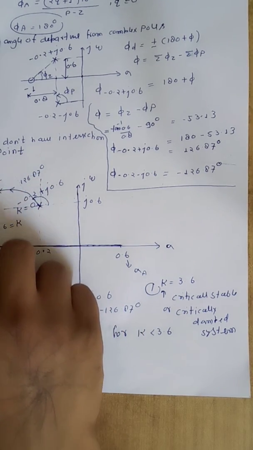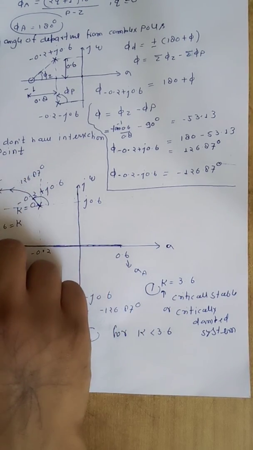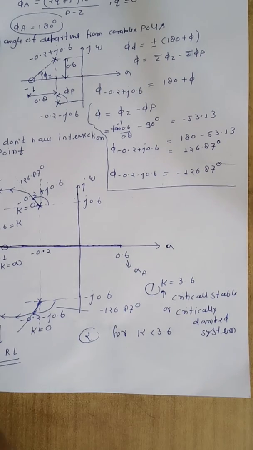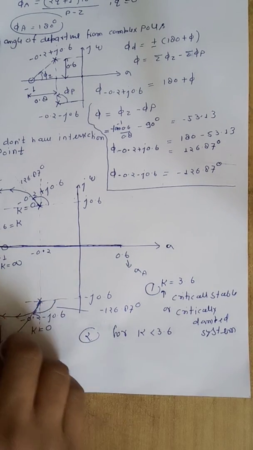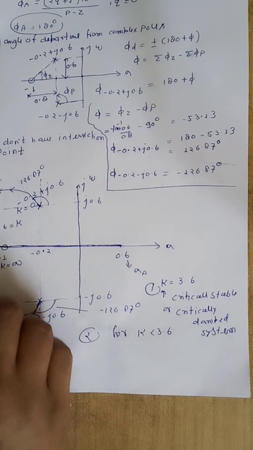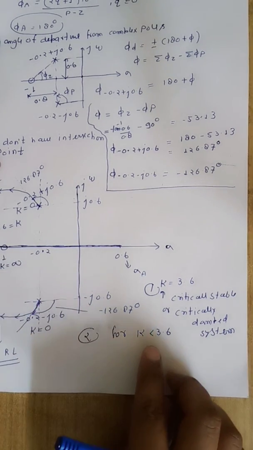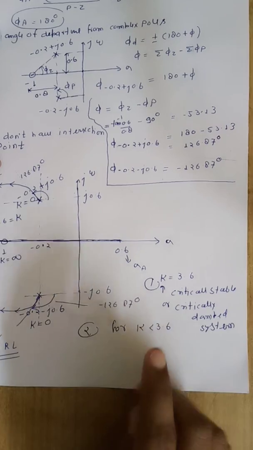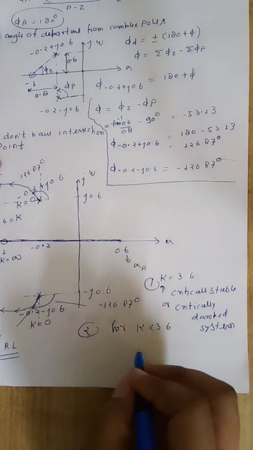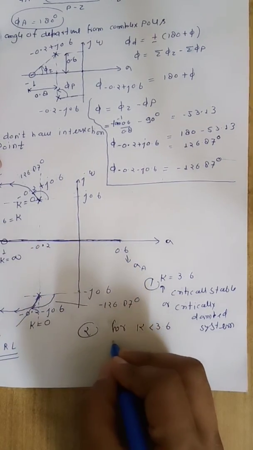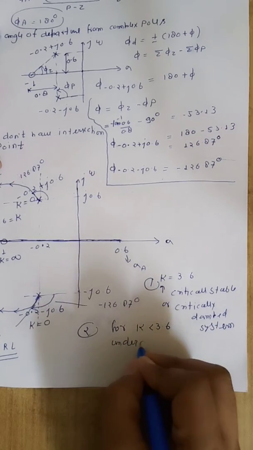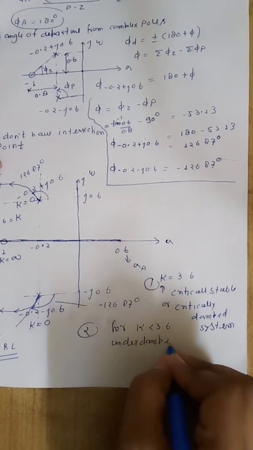That means roots are complex conjugate. We also have roots on this path. So for k less than 3.6, roots are complex conjugate. So system is under damped system.